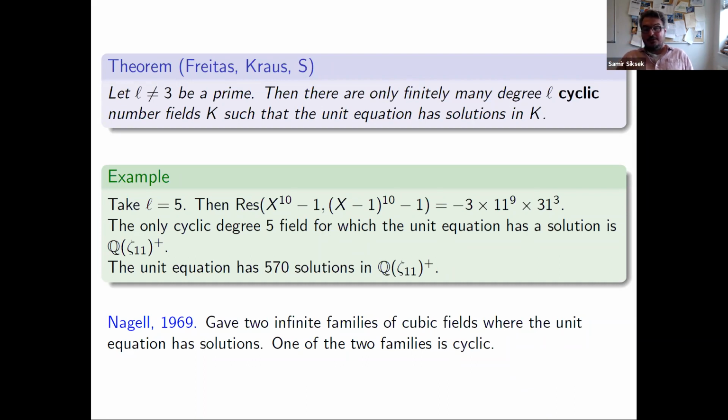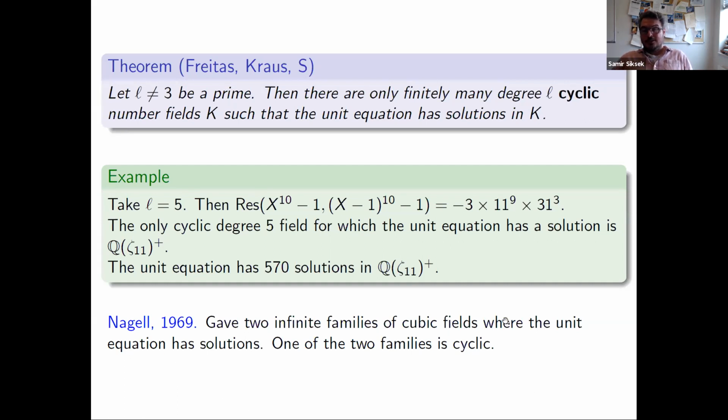And Nagel also solved the unit equation in cubic fields, and he found that there are precisely two infinite families. One of them has Galois group S3, and one is cyclic.